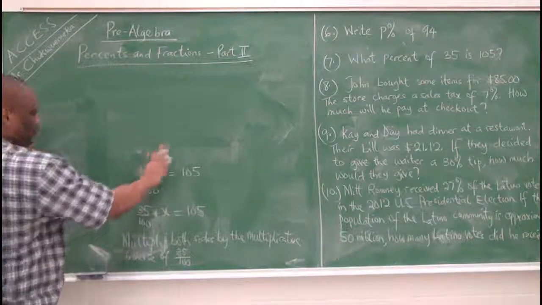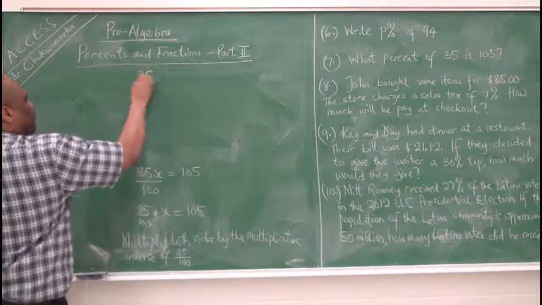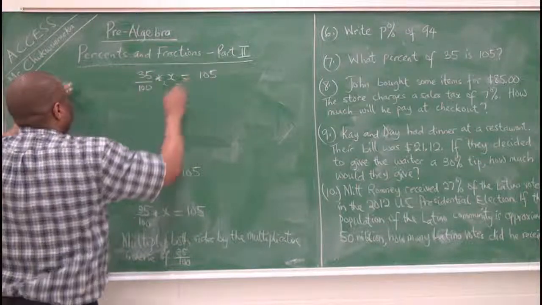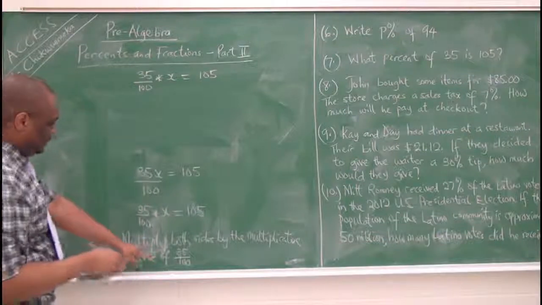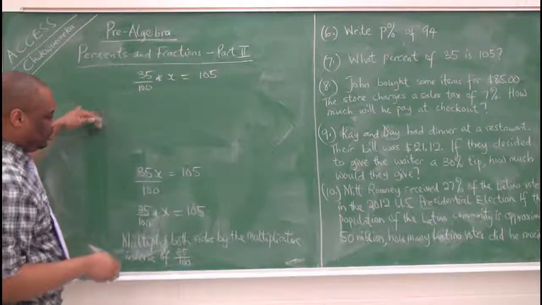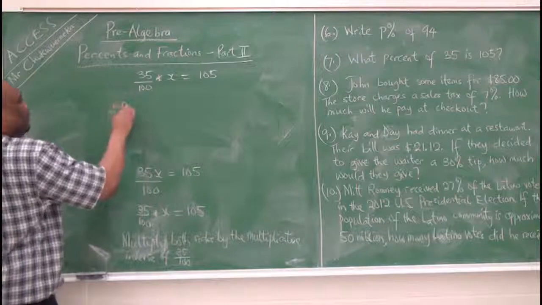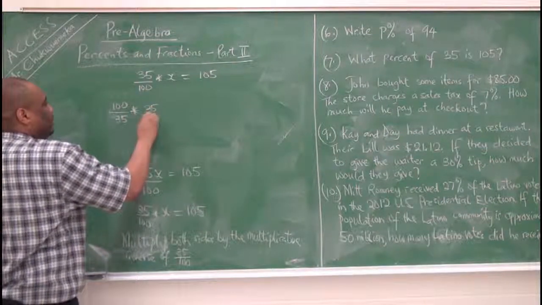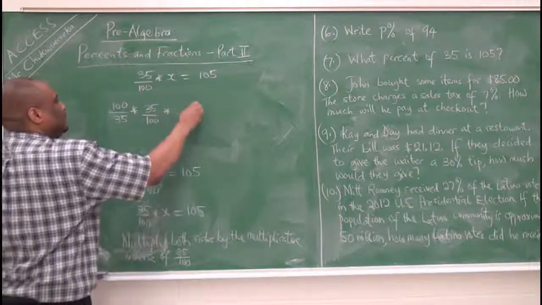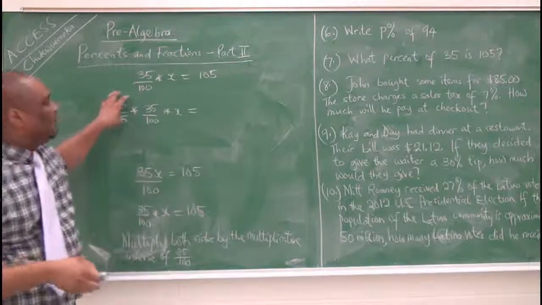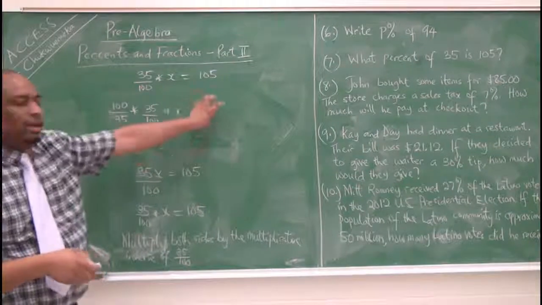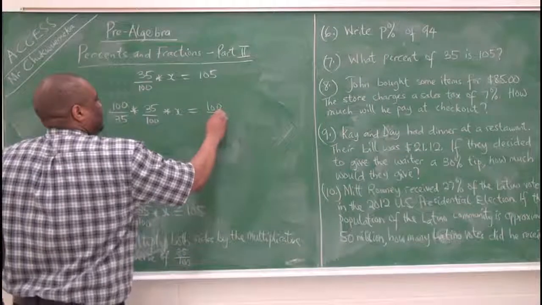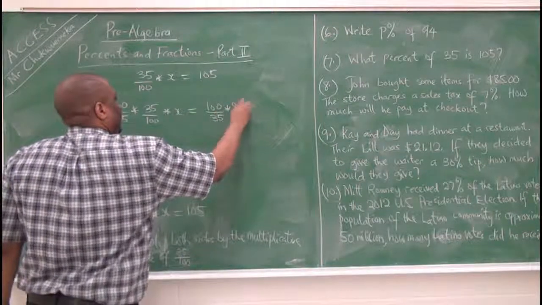So we have 35 over 100 times x equal to 105. The multiplicative inverse of 35 over 100 is 100 over 35. So I will say 100 over 35 times 35 over 100 times x equal to, whatever I do to the left hand side, I also have to do to the right hand side, 100 over 35 times 105.